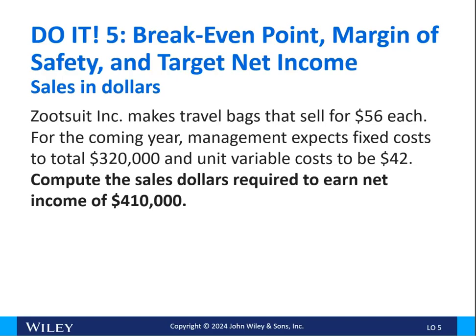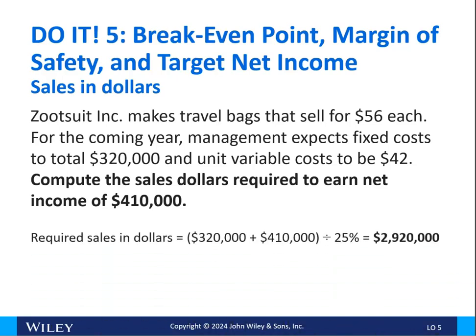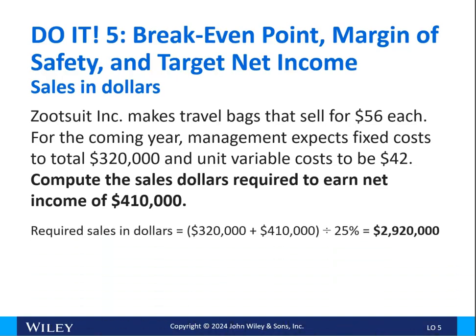And now we want to compute the sales dollars required to earn net income of $410,000. So the required sales in dollars is our fixed costs of $320,000 plus our required net income, or our net income target that we want, $410,000.